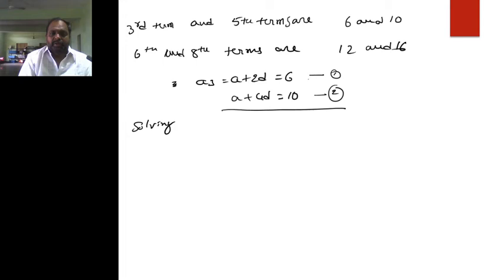So minus, all signs will change. Minus A plus A cancel. Minus 2D, because the bigger number's sign is minus. 4 minus 2 is 2, that is equal to minus 4. Minus cancel. 2D is equal to 4. D is equal to 4 by 2, that is equal to 2.